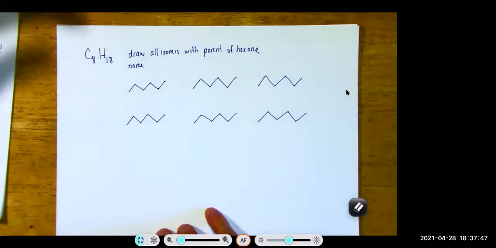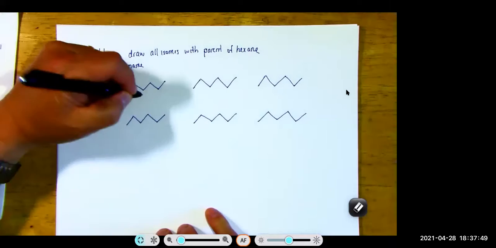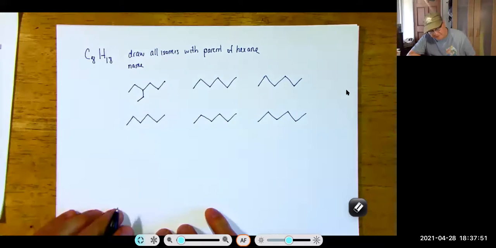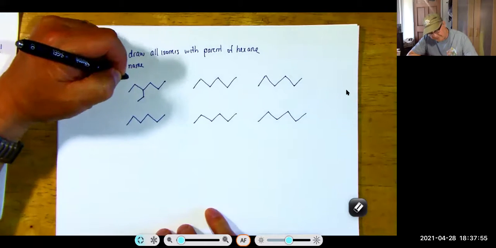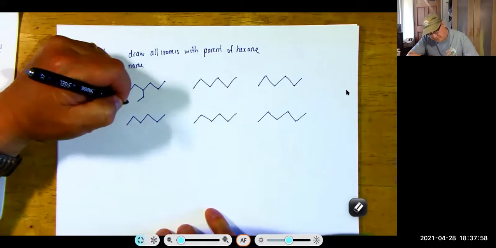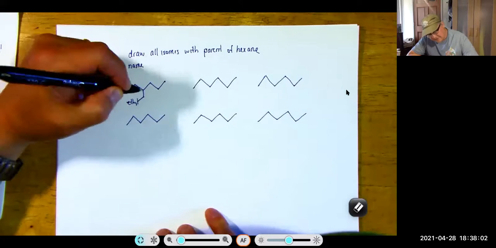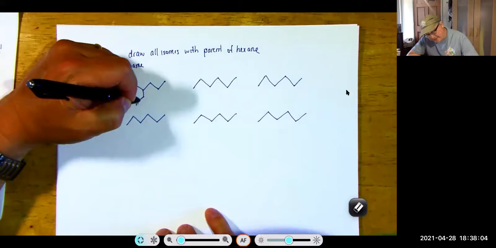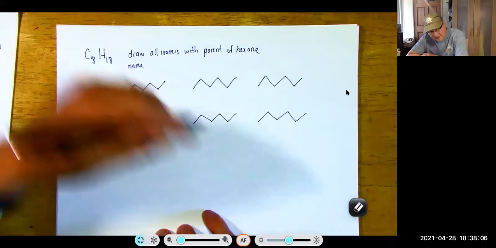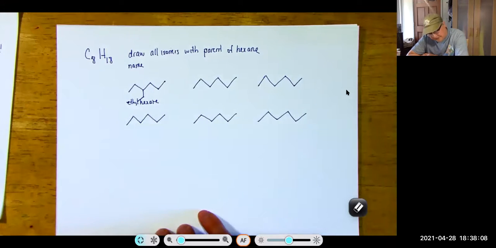So this time I'm going to start with the ethyls. There's this one. And this one is called ethyl hexane. Now, why didn't I tell you where it was?